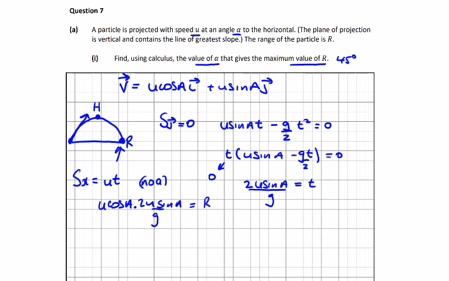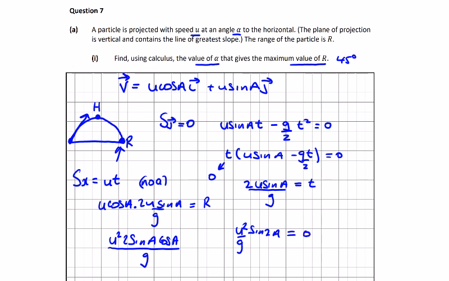So we're going to get u squared, and 2 sin a cos a, all over g. We need this in terms of just sine or cos, and 2 sin a cos a is sin 2a, so we get u squared over g sin 2a is equal to the range.